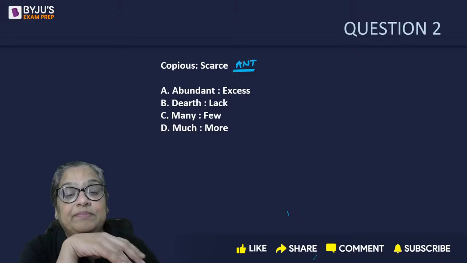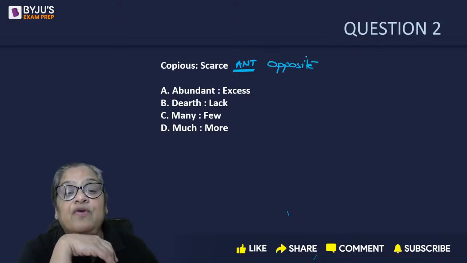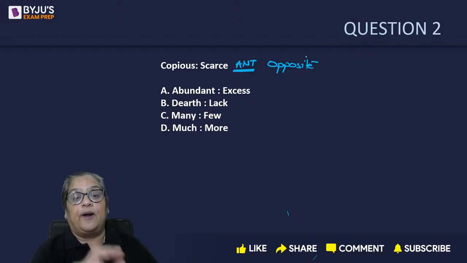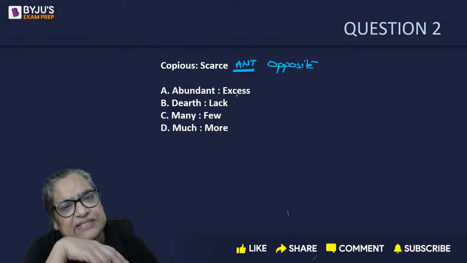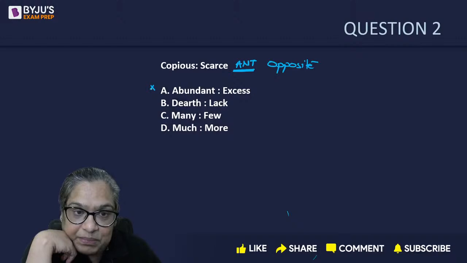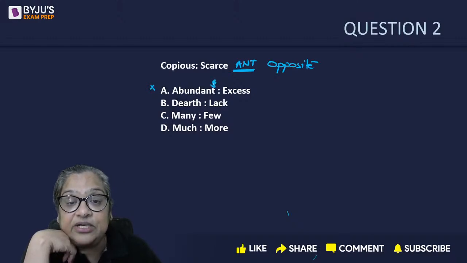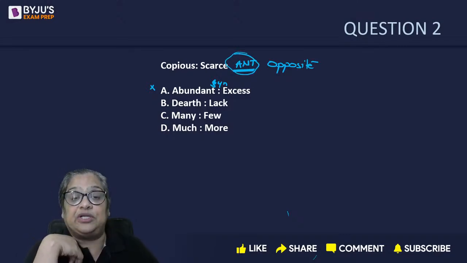They are antonyms. They are opposites. So you should look for a pair which are opposite to each other. Abundant means having a lot of something, and excess is similar. Zarurat se jyada hona, that is excess. So it cannot be this because these are meanings. They are synonyms. They are not opposites. And we want a pair that is opposite to each other.